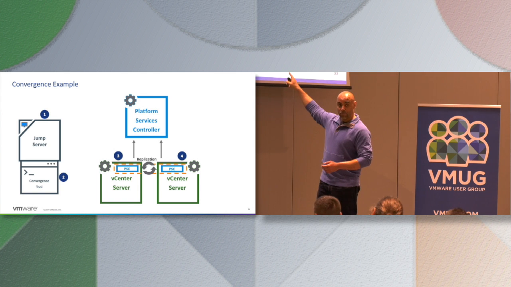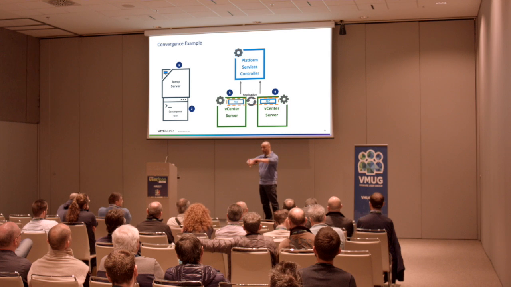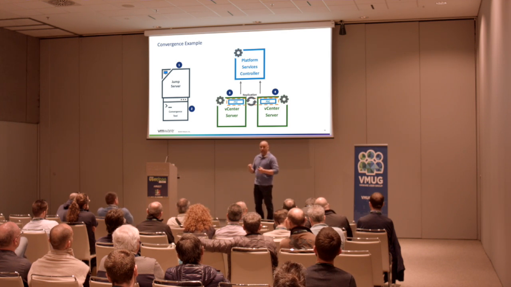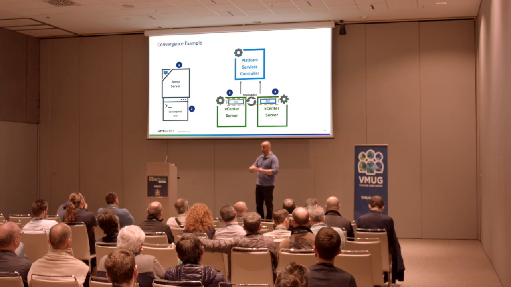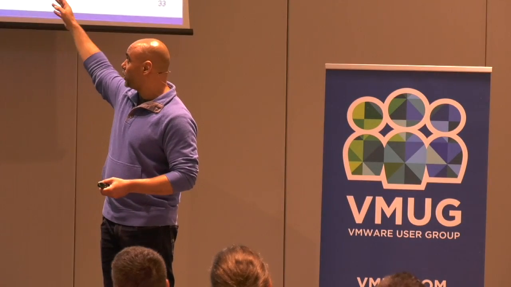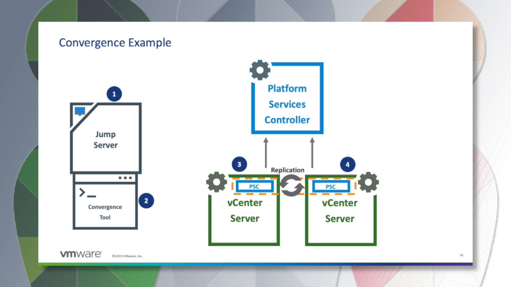If I don't do it and replicate with the external PSC, I've created a silo. I now have an island. So I broke my link mode. The good news is we have tools that will help you bring it back, but I want to make sure that you understand this piece so you don't have to use those tools and do extra work if you don't have to. So again, like we recommended before, a nice linear topology, same thing here. We've started with our first one, and in our second one, we'll point to the first one. Make sense? Okay.